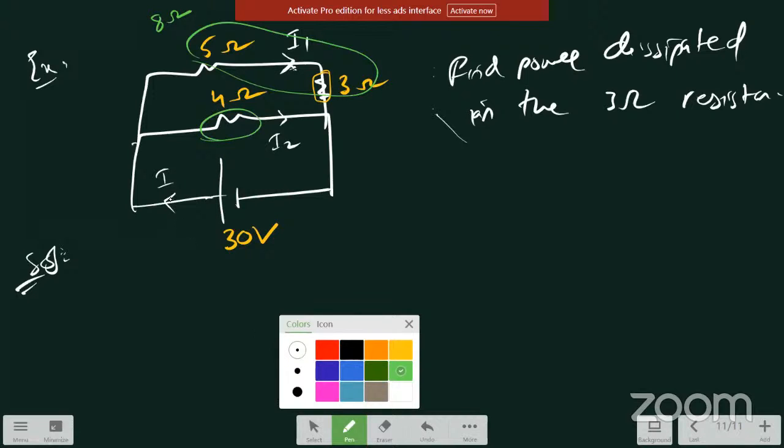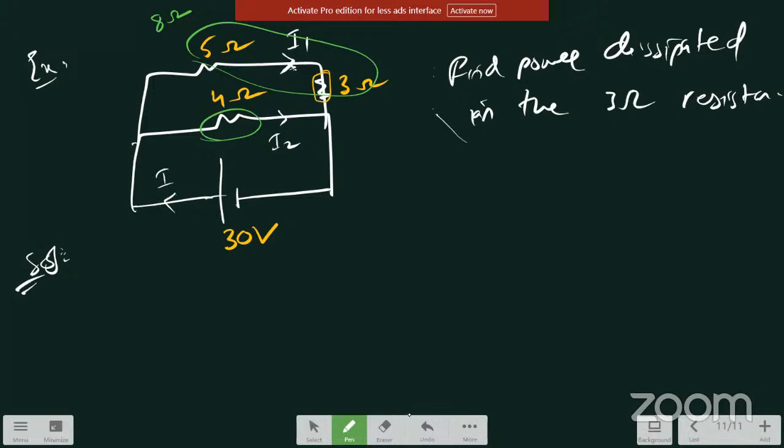The potential difference across this branch is 30 volts, right? So I2, how much will it be? I2 will be simply the potential difference across this resistor, 30, divided by the resistance. So it will be 7.5 ampere is the current passing through 4 ohms.